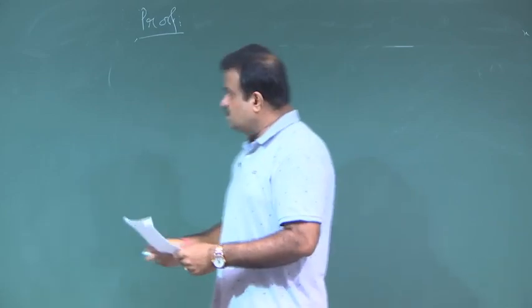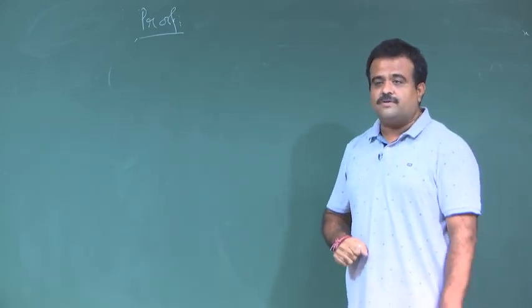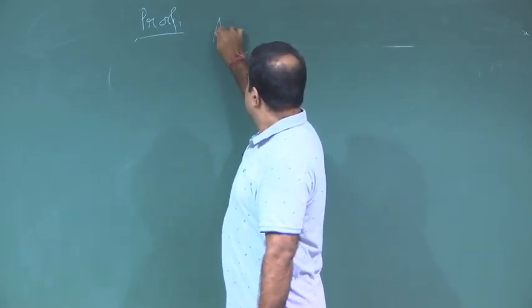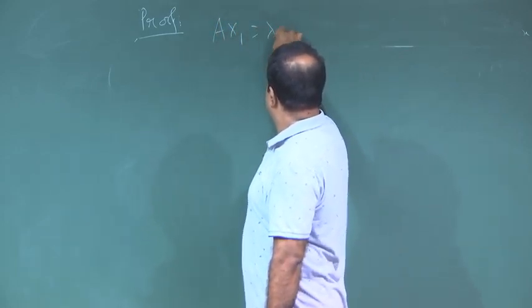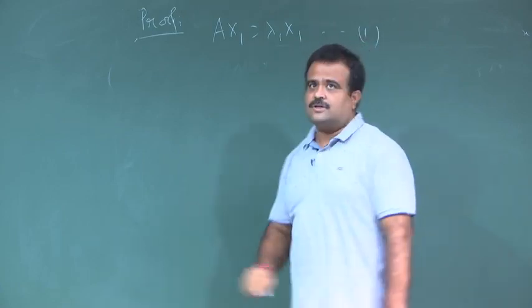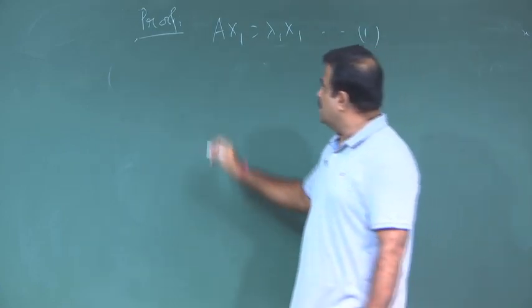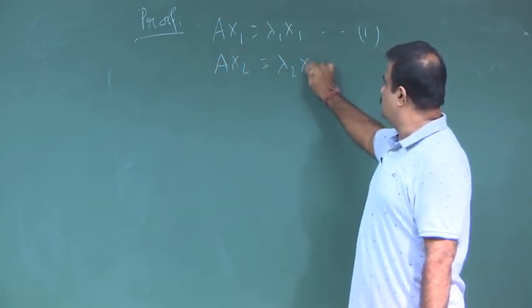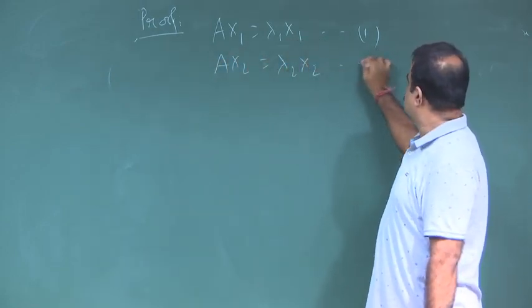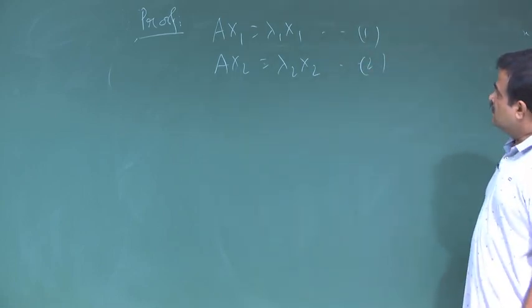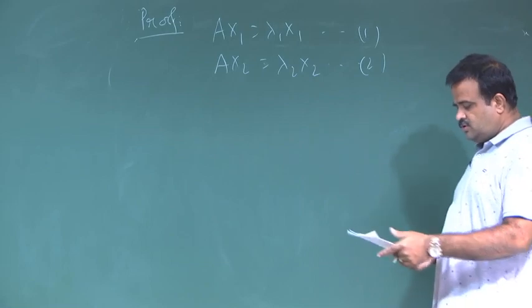Since x 1 is an eigenvector corresponding to lambda 1, A x 1 equal to lambda 1 x 1, this is equation 1, and x 2 is the eigenvector corresponding to lambda 2. So, A x 2 equal to lambda 2 x 2. So, this is equation 2. Okay. So, we have these two equations.